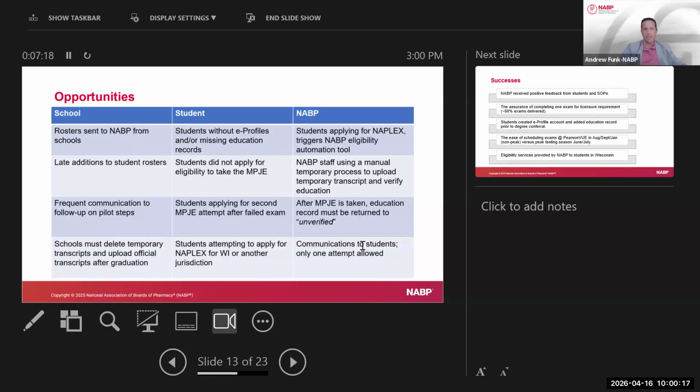And of course, getting the information in the rosters from the colleges so that we can properly upload those into our system.